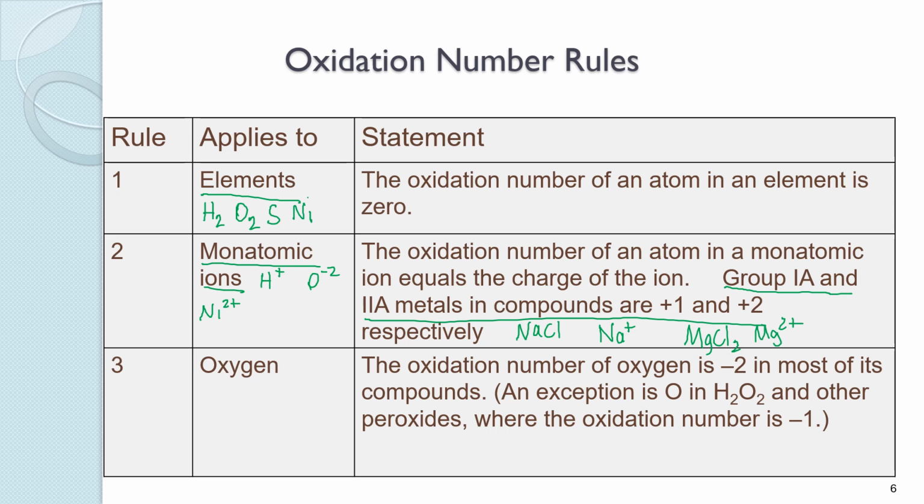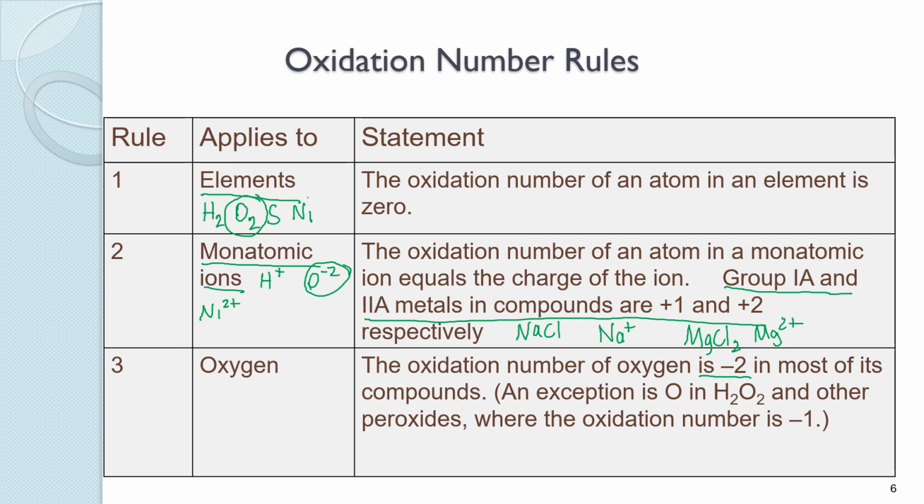Okay, now everything else will be what is in a compound. Of course, oxygen all by itself is 0. If you just see the oxygen ion by itself, it will equal its charge. If oxygen is in a compound, then it's almost always -2. Having said that, there are some exceptions.